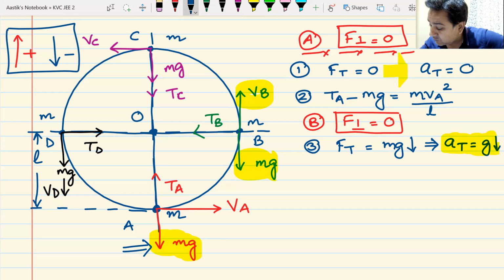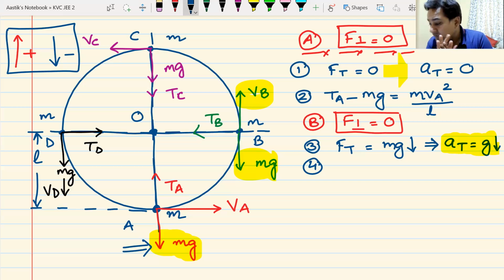But now we have to bring our attention to point number 4. Equation number 4 is the equation in the centripetal direction. Someone has to tell me what is the equation in the centripetal direction at point B. Someone has to come up with an answer, a convincing one also.